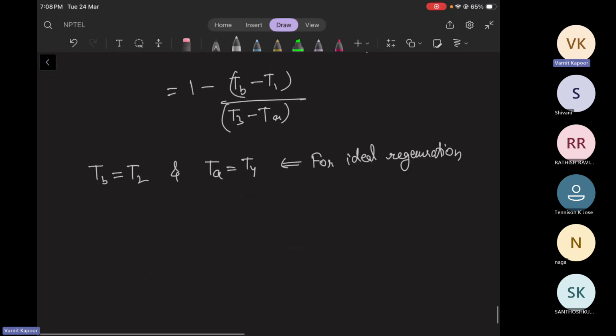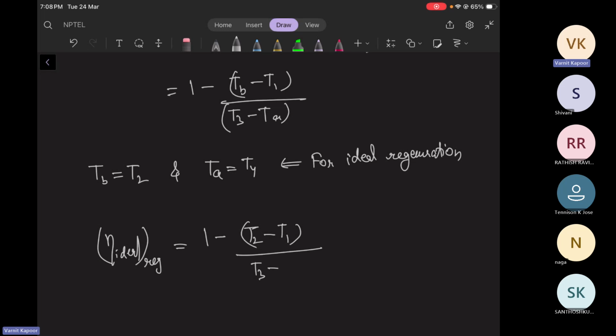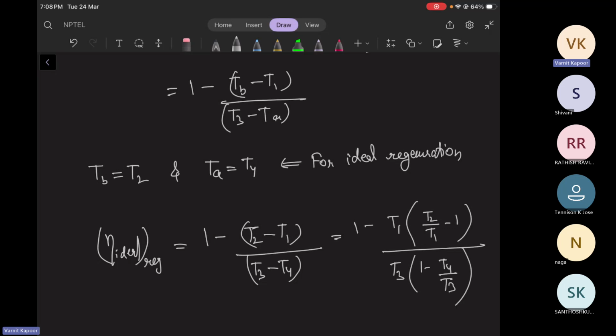So put that in the above expression. The efficiency of ideal regeneration will be 1 minus T2 minus T1 to that of T3 minus T4. Let us take out T1 from the numerator, T2 by T1 minus 1, and T3 from the denominator, 1 minus T4 by T3.